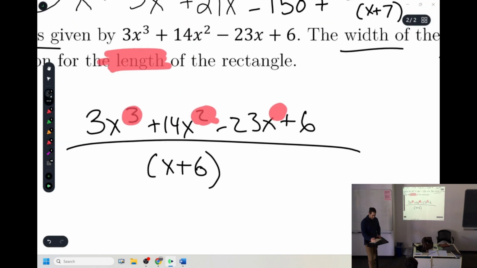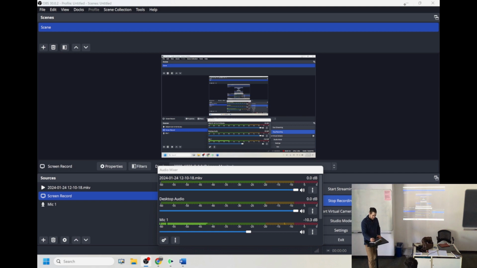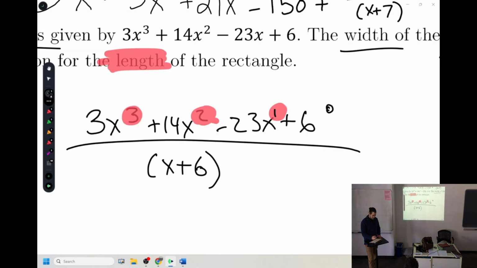Well, there's a 1 right there, right? What about this one? What's supposed to be there? If we're following the pattern, what the heck? I'm just so confused.